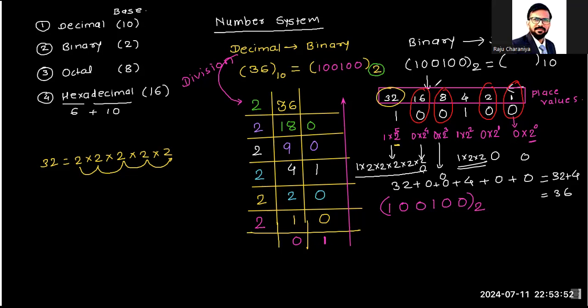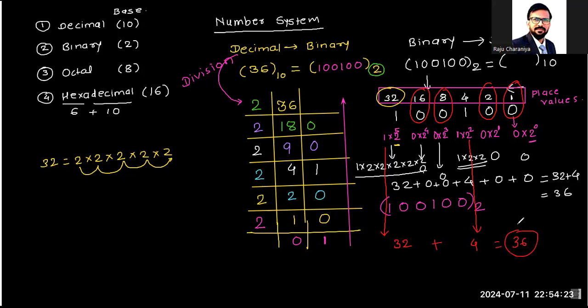The numbers will be on their own places, but for the red circles you see on the screen, there is nothing to calculate, because finally we'll get 0 as the answer, right? So wherever we see a 1, on that 1 we get the answer 32. And one more number is here: here we got the answer 4, and here we got the answer 32. So if we add these two numbers, we'll get the answer 36.